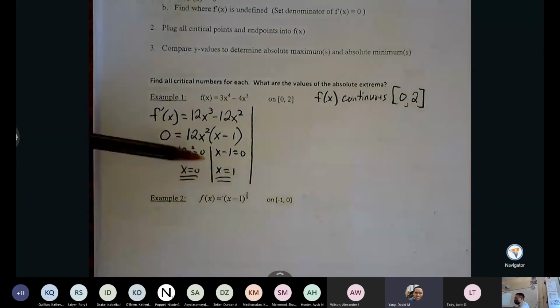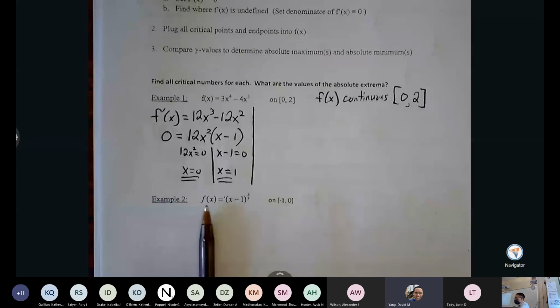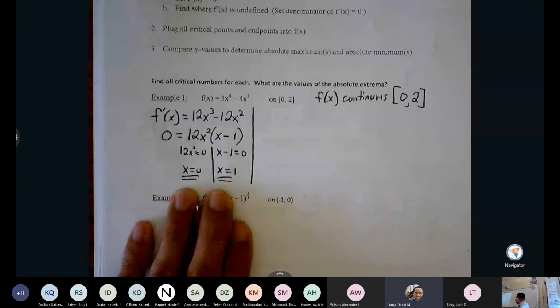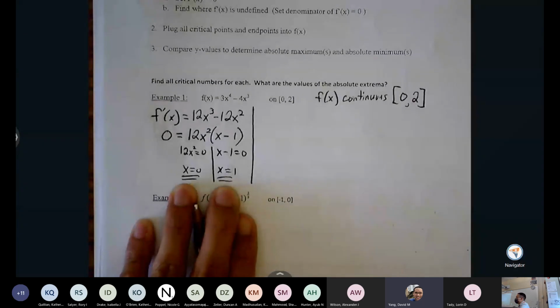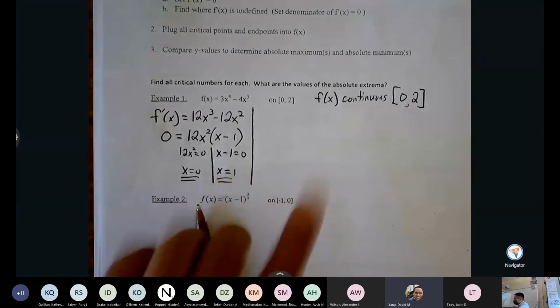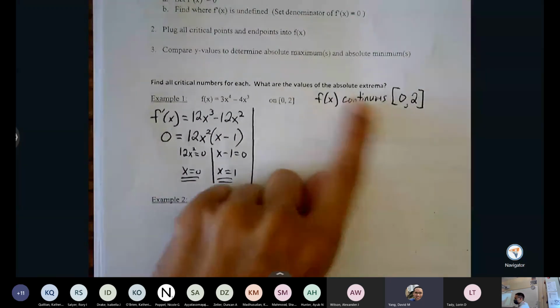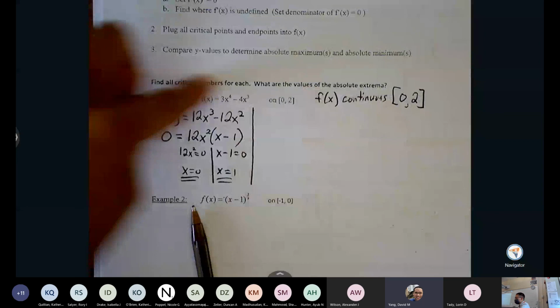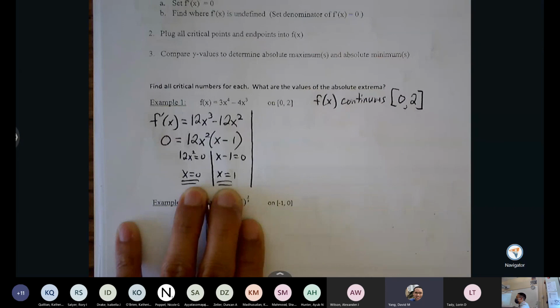Now, can you think of an instance where we may not use a critical point? What do we have to be careful with? Okay, it's true, right? But we should be able to establish that before we get to this point. Something else. When may we not test a critical value?